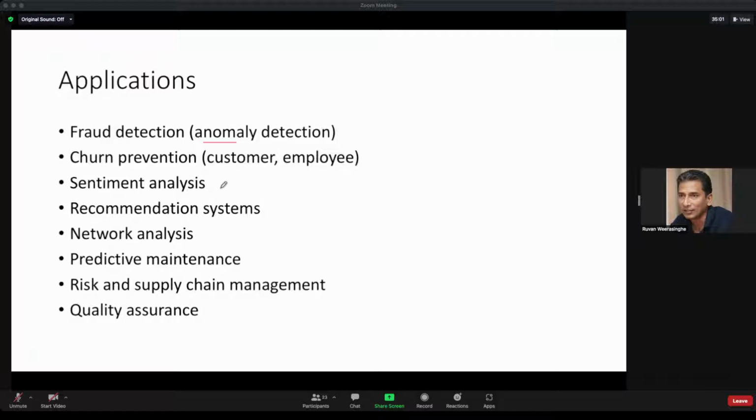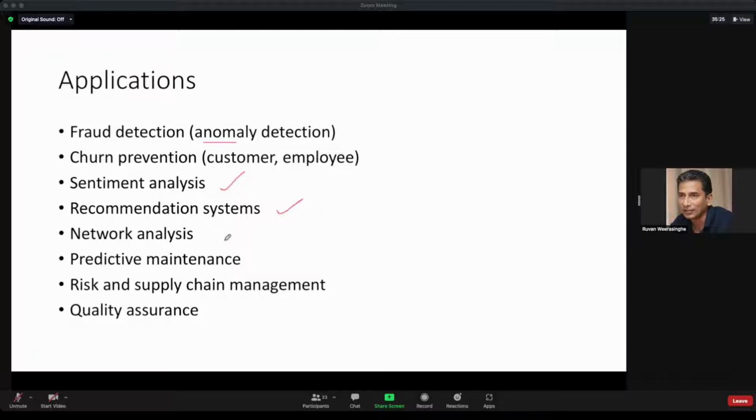Sentiment analysis, a common thing for companies to see the customers' feelings towards their products or services. Recommendation systems, I think we interact daily with these things, whether you're figuring out what movie to watch or which book to buy on Amazon or whatever.